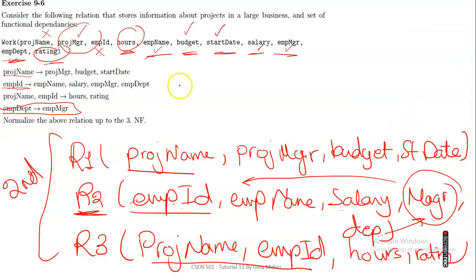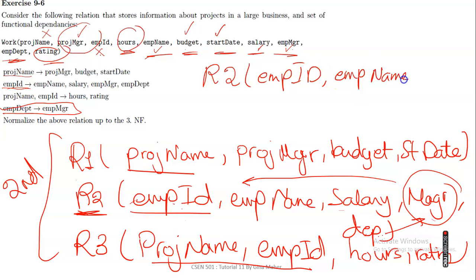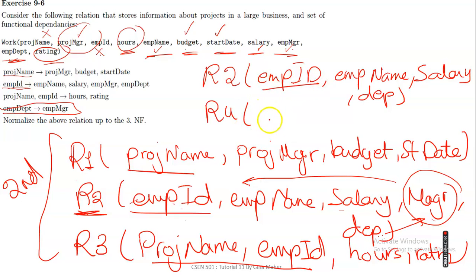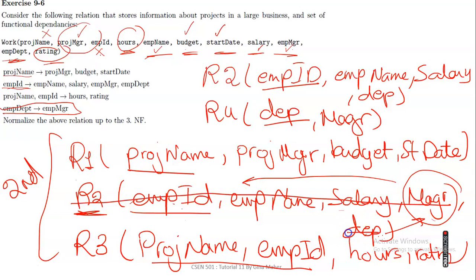R2 will be employee ID, employee name, salary, department, and we will have an extra one with department and manager. Okay, so this one will be replaced by these two.